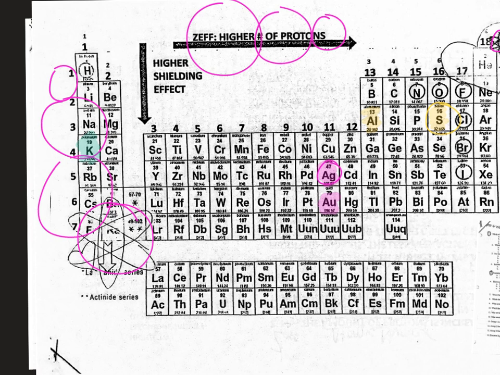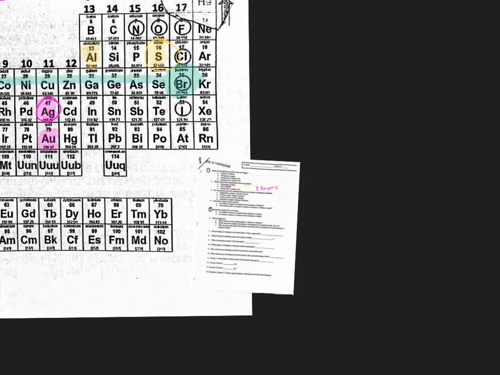I am losing my highlighter. There we go. All right. So we have bromine over here. Once again, they are across from each other, meaning they're in a period. When we look at that, we look at number of protons. Atomic number 35 has more protons. They are in the same energy level, so that's why we can rely on that. So therefore, the smaller of the two is going to be potassium.